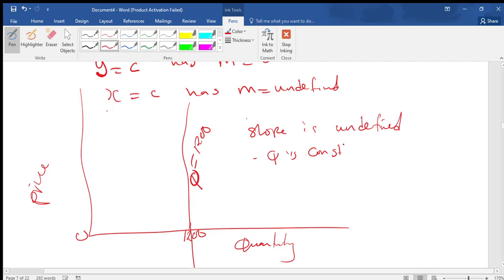We are seeing that Q is constant, but P varies. So for every change in price, quantity remains the same, 1,200.